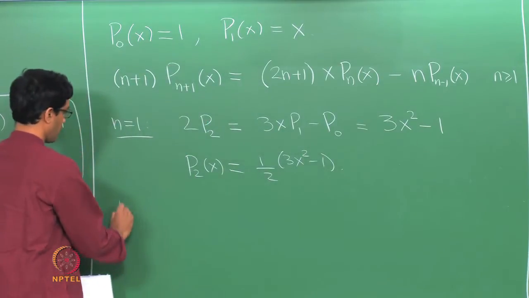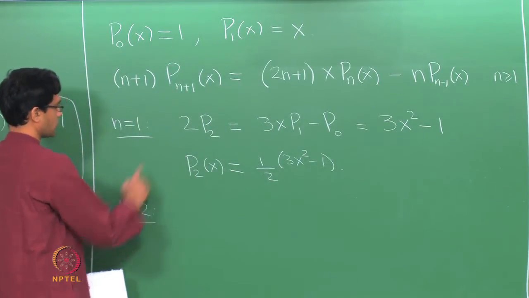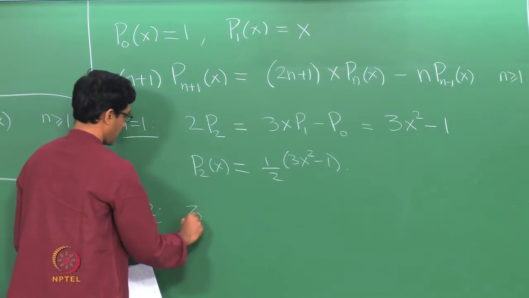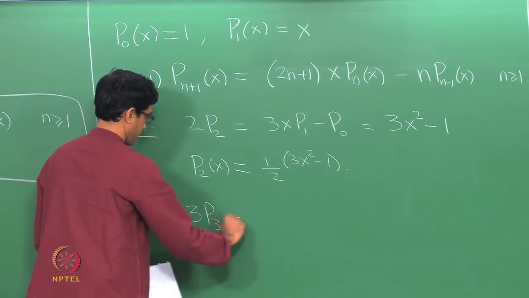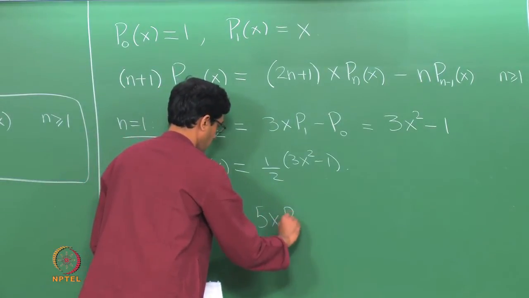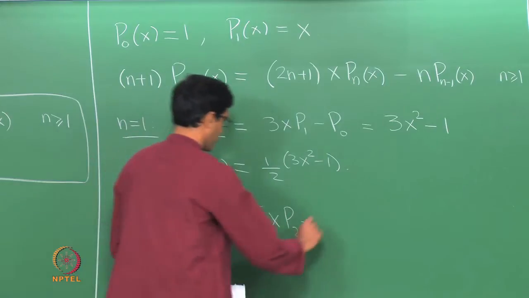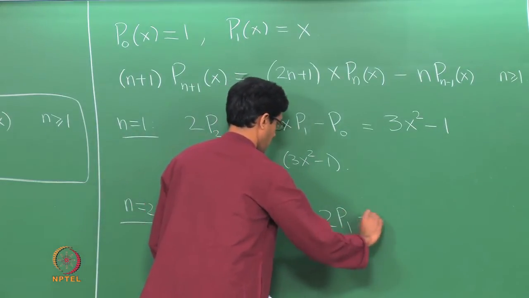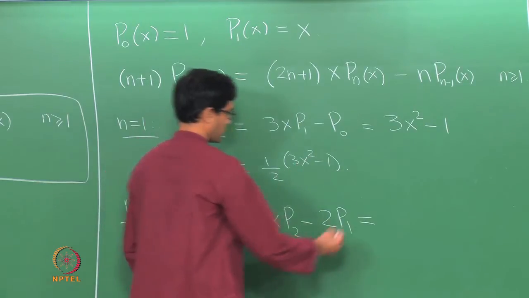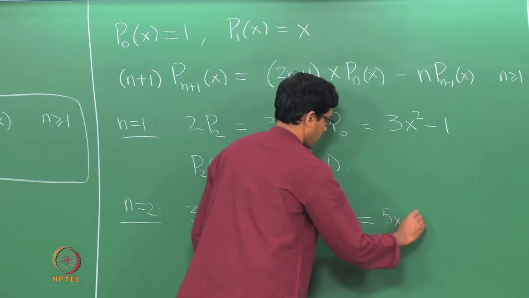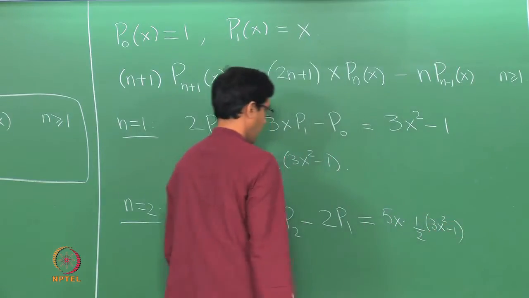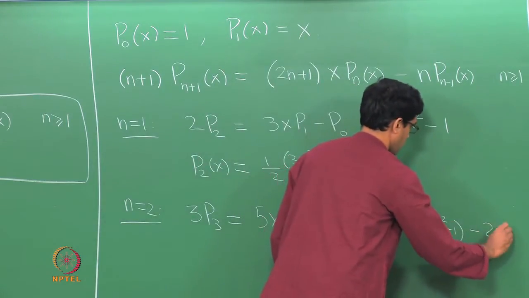Similarly, let us put n equals 2 in the recurrence relation. We get 3 times P3 equals 5x P2 minus 2 P1. We just computed P2 is half of 3x squared minus 1, so this is 5x times half of 3x squared minus 1, and P1 is of course x, so minus 2x.